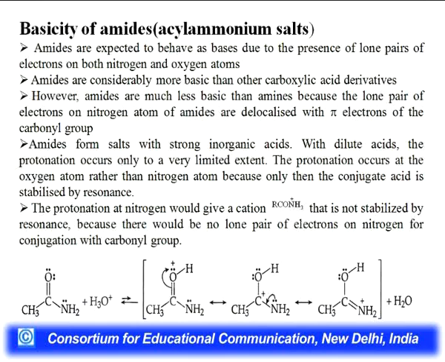The protonation at nitrogen would give a cation, that is RCONH3 plus, which is not stabilized by the resonance because there would be no lone pair of electrons on nitrogen atom for conjugation with carbonyl group. So, this reaction will show the conjugation of lone pair of electrons on nitrogen with the oxygen on carbonyl group.